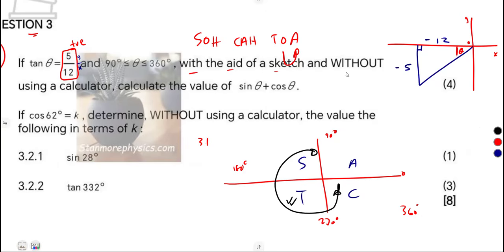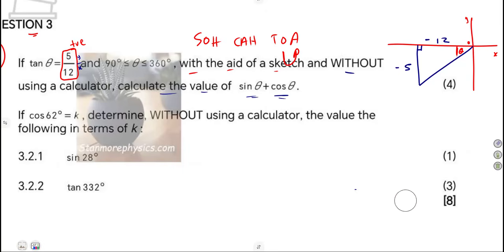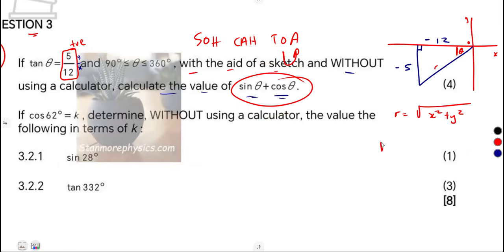So without using a calculator, they want us to find the value of sine theta plus cos theta. We know the quadrant where this is, and from that quadrant, we have formed a right angle triangle. So what can we find? We can find the hypotenuse r, so that it will be easier for us to find sine theta plus cos theta. So we must find our hypotenuse r, the square root of x squared plus y squared.